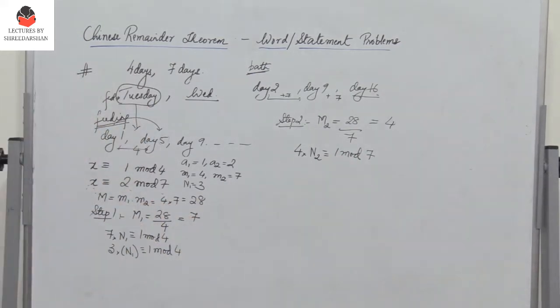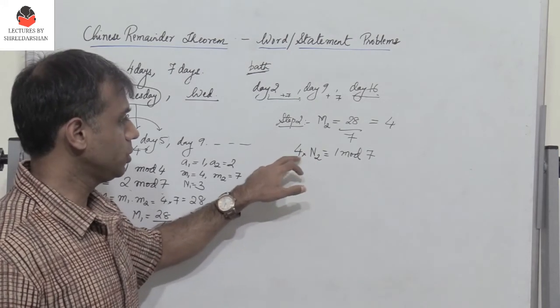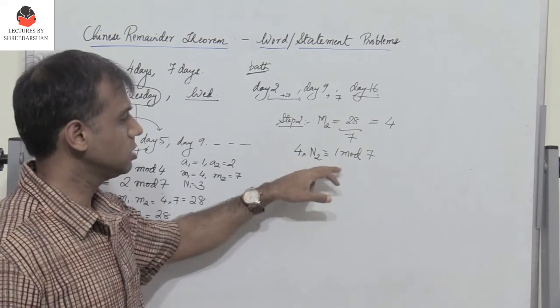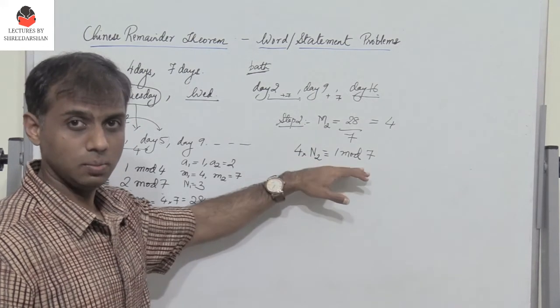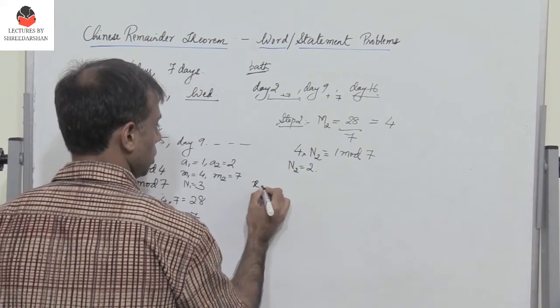So 4 into a given number should give me 1 in mod 7. So what is that value? That value of N2 is 2 because 4 into 2 is 8 and 8 is just 1 more than 7. So 8 in mod 7 is 1. So N2 is 2.